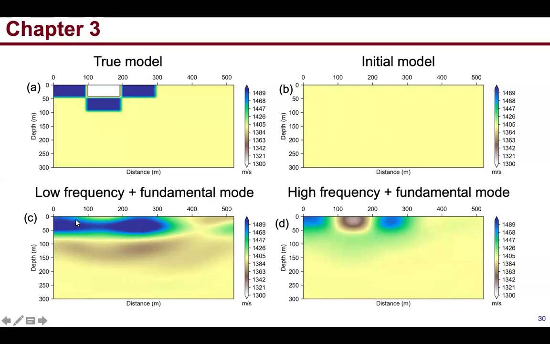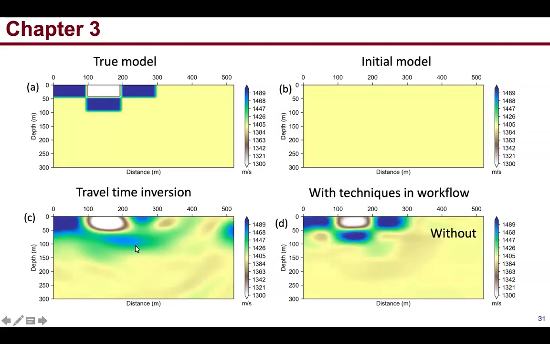Comparing figure C and figure D, we can find that the high frequency component and the fundamental mode are mainly sensitive to the shallow part of the model. So it adds a good constraint on the shallow part of the model, but the low frequency component and the fundamental mode do not perform the same way as in figure D. That's why we conducted a reversed multi-scale strategy in the inversion, which uses the high frequency component with the fundamental mode first.